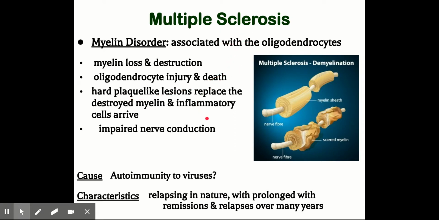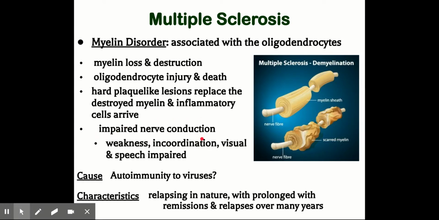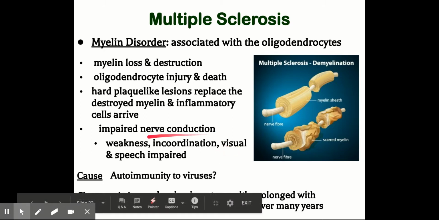So why is it that some people get it? Notice now the neurons can't send their messages. And so what you might see is people start having numbness and tingling in their hands and fingers. Then they become less coordinated, more difficulty using their arms and their hands, more difficulty walking. And they might eventually, over many years, end up with visual and speech impairments, thinking impairments, and many other things, fatigue.